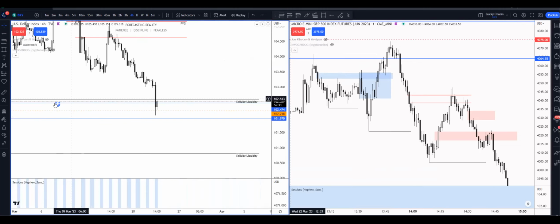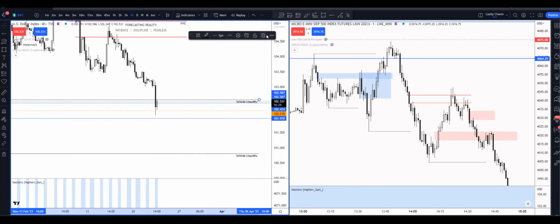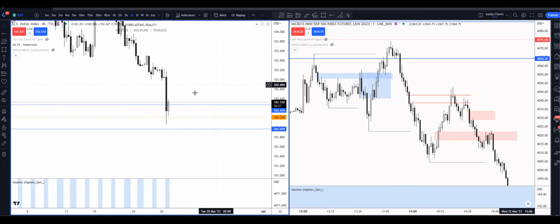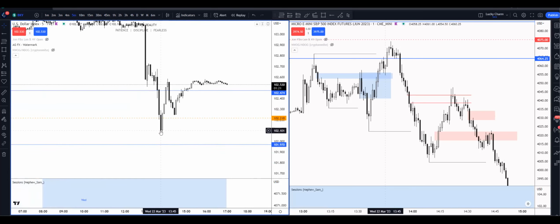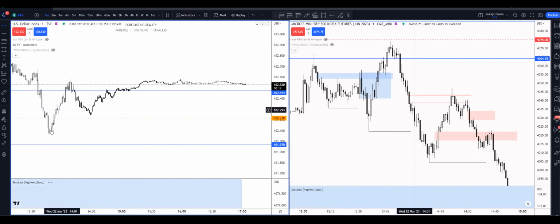So you can see we reached underneath the sell side, and then we reached into that 4-hour BISI plus the CE of it. If you're going down to a 5-minute time frame and you're looking at that low there, and look at the right-hand side where the crosshair is, that's directly where the high was being formed on ES.